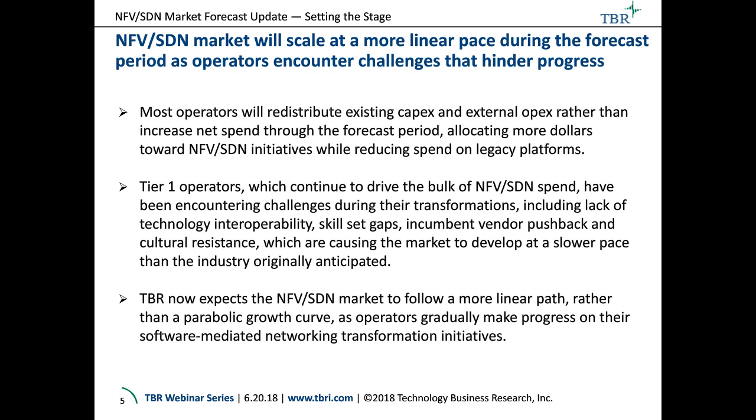What the telcos are doing is redistributing existing CapEx and external OpEx rather than increasing their net CapEx and OpEx spend. What they're doing is allocating more dollars towards NFV SDN related initiatives while reducing spend on legacy, AKA traditional type platforms.